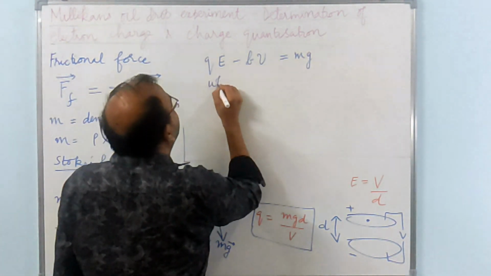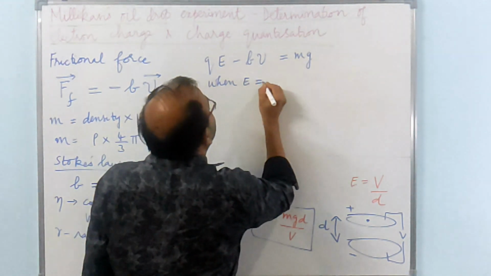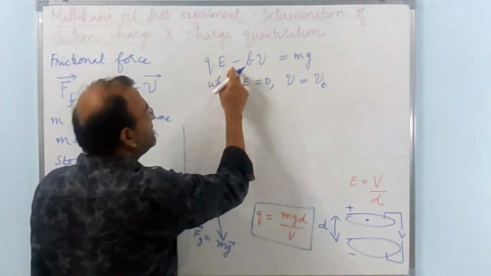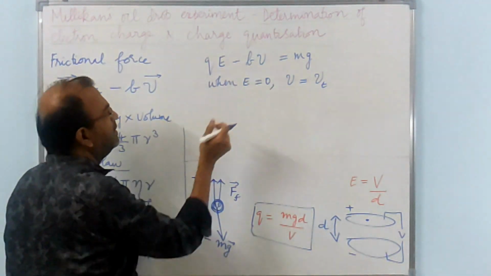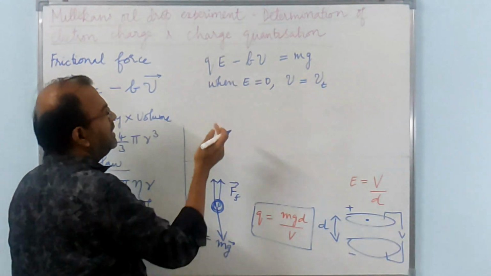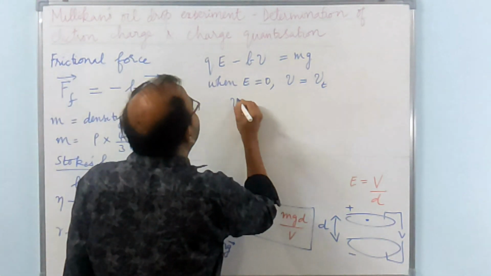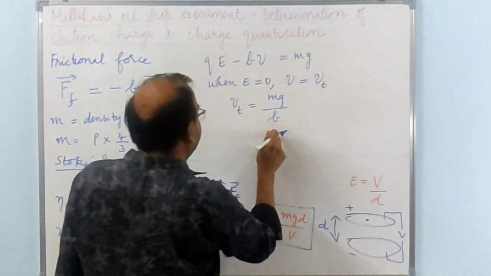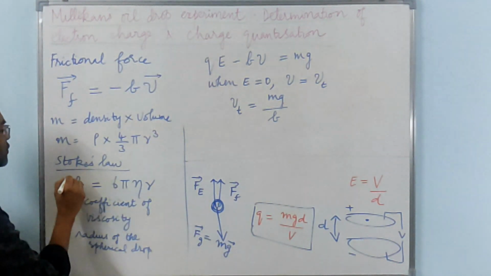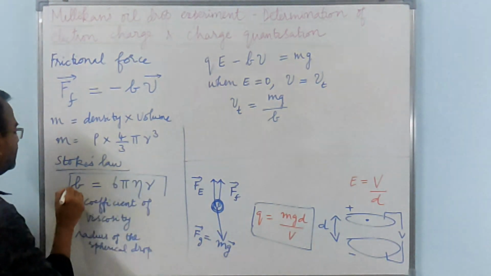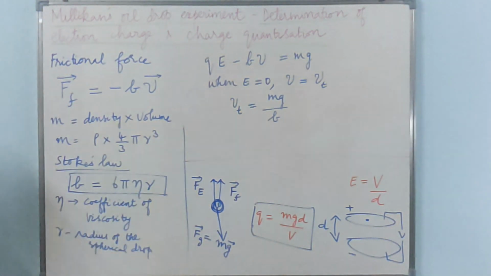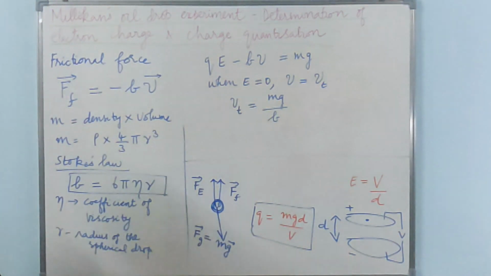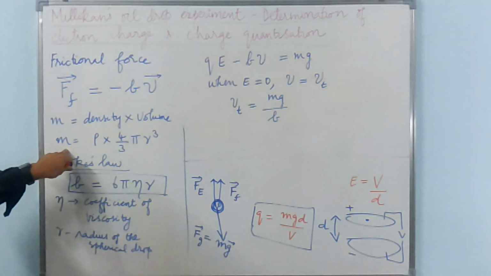Therefore, when E is equal to 0, v becomes equal to vt, and the negative sign here indicates, of course, that the direction is opposite to the direction of the gravitational force. Therefore, we can ignore that. So we write vt is equal to mg over B. Of course, we have an expression from Stokes' law for B.